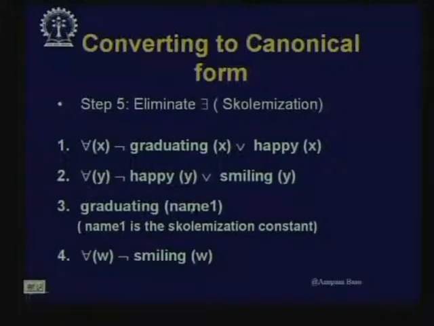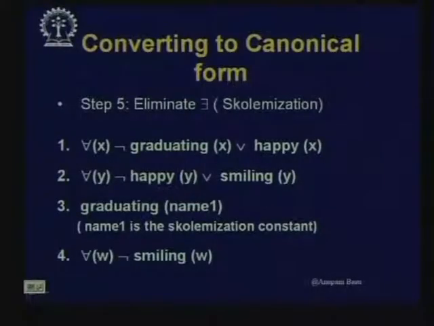We remove that, and in place of that we find name 1. Name 1 is a skolemization constant. It is a name that somehow we are finding out who is graduating. So, that particular value of x or z in that case is satisfying this statement graduating x.